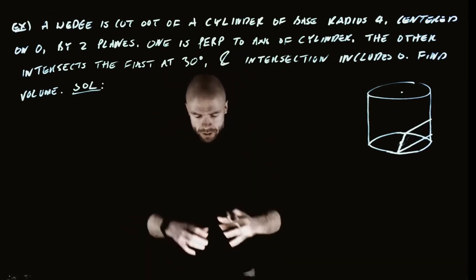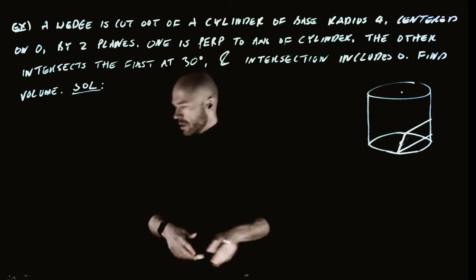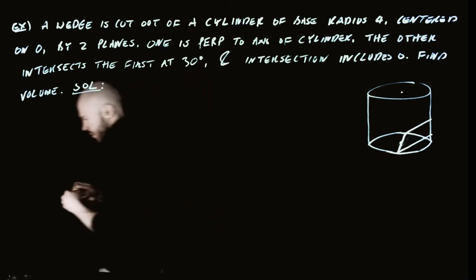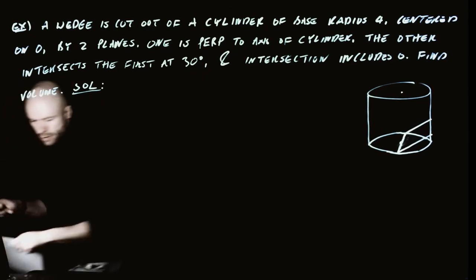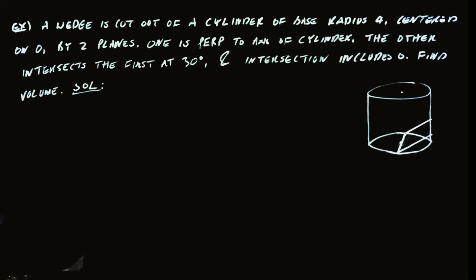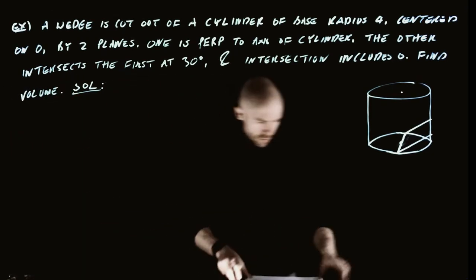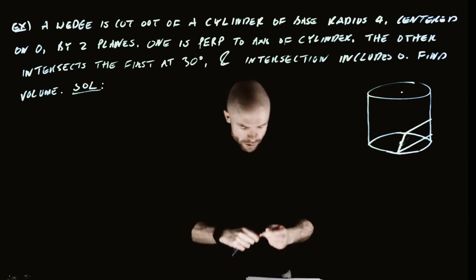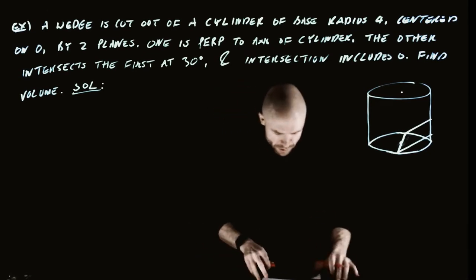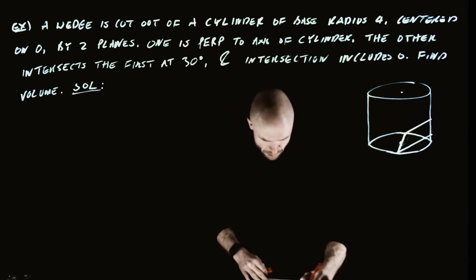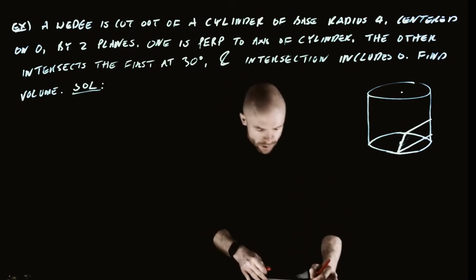So imagine this cylinder again, take your piece of paper, draw a circular shape. So the axis of the cylinder comes up like this.